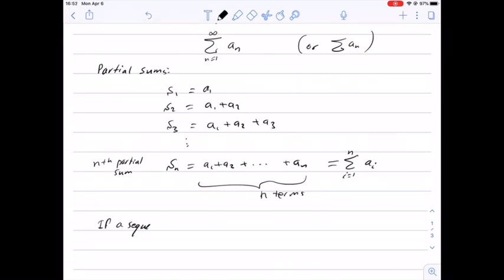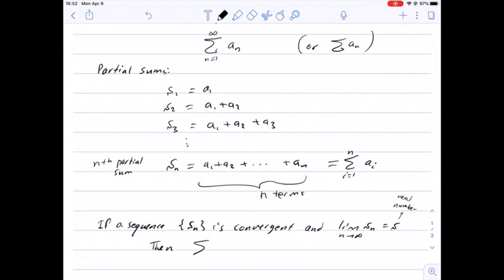Now if the sequence of partial sums S sub n is convergent and the limit as n goes to infinity gives some real number, this means the limit does exist and the series a sub n from 1 to infinity is convergent.